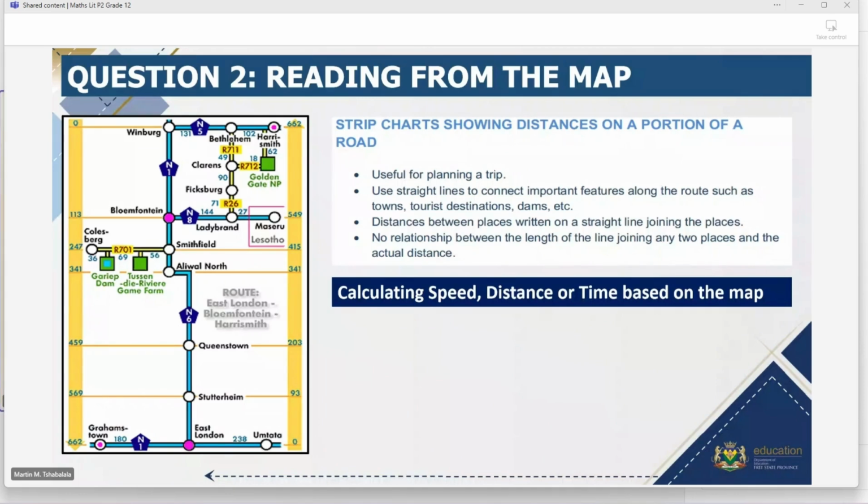When I was in Windbeck, the question can say, what is the distance that Mr. Chabalala has already traveled between Bloemfontein and Windbeck? You can see on the purple or pink one, Bloemfontein and Windbeck, and there it is written 113. From 0 to 113, that is the distance between Bloemfontein and Windbeck.